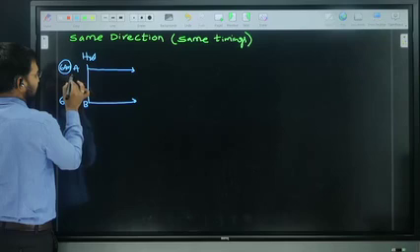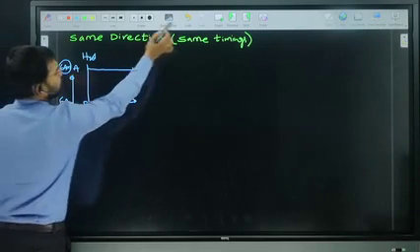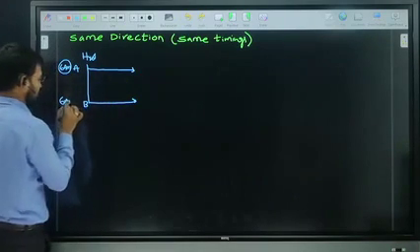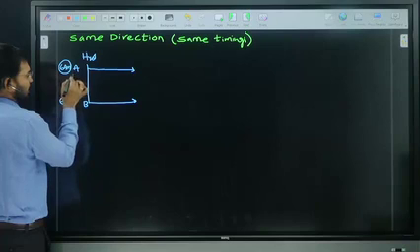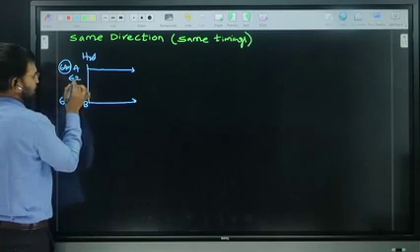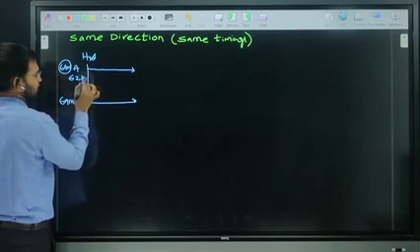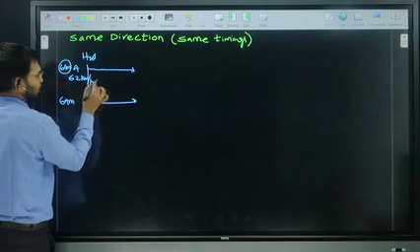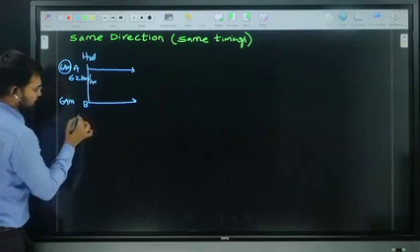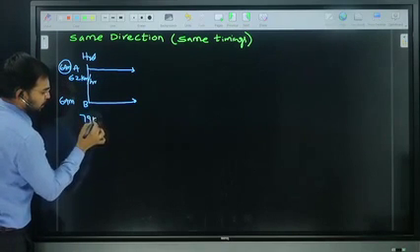First object speed is 62 kilometer per hour. Second object speed is 79 kilometer per hour.